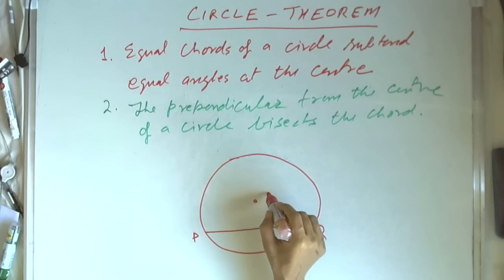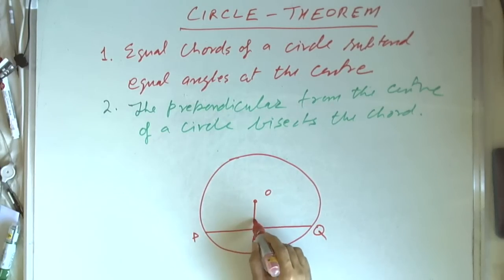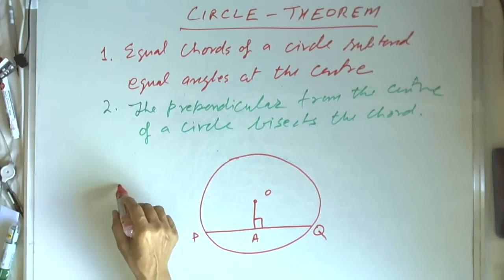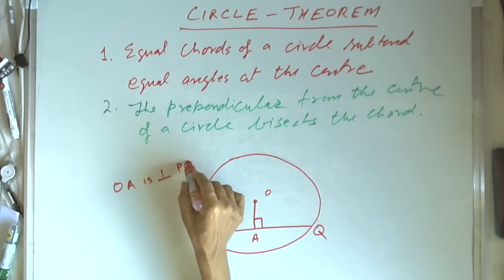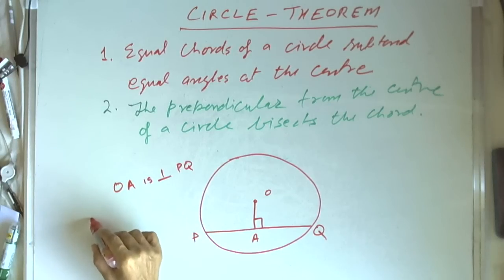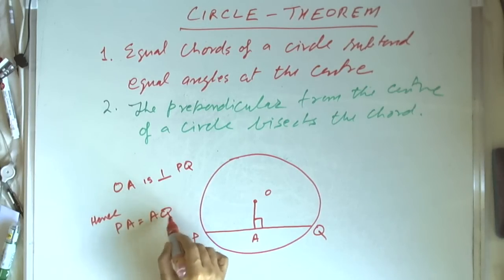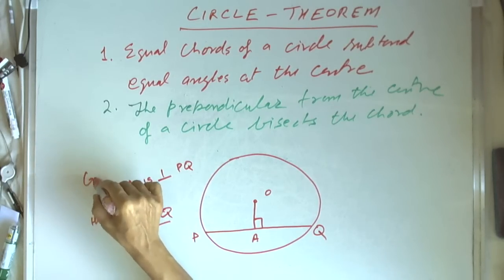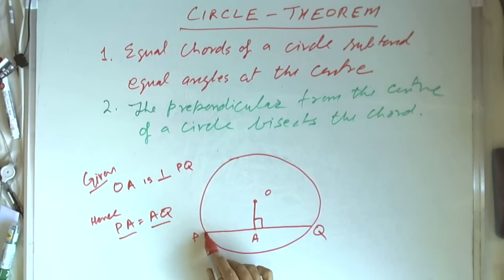If we draw from the center a perpendicular OA on the chord, then according to this theorem, given is OA is perpendicular to PQ, and hence, according to the theorem, PA is equal to AQ. So it means A will be at the midpoint of PQ.